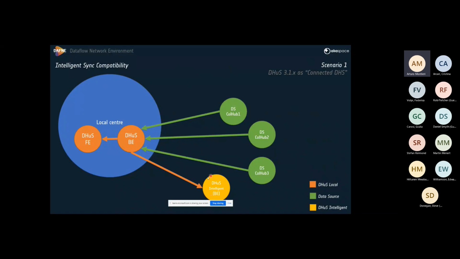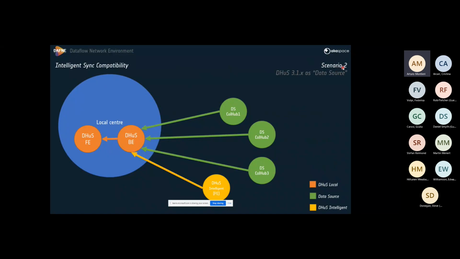And we have a new instance here, named DHIS2 Intelligent, which is DHIS2 version 3.1.x. In this case, this instance is acting as a backend of our local center. So what we expect to see over the map is to have three different arches, three different remote data sources, and just one connected DHIS2.